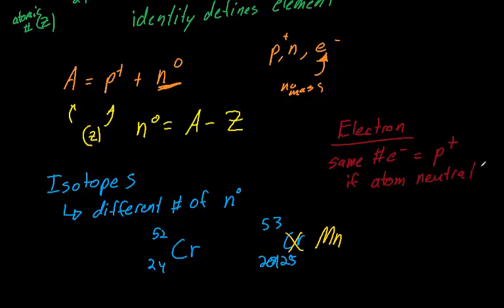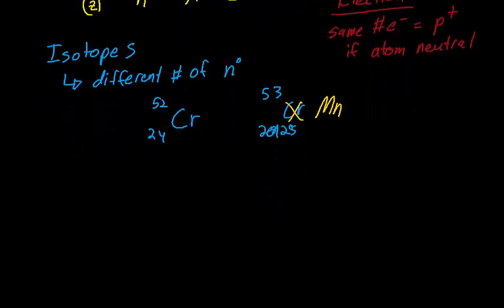What do we mean by neutral? That's just talking about its charge. So as long as it's not positively or negatively charged, you'll have the same amount of electrons as protons. And so what happens when these things are charged? Well, we have ions. So if they have a charge, they're called ions.